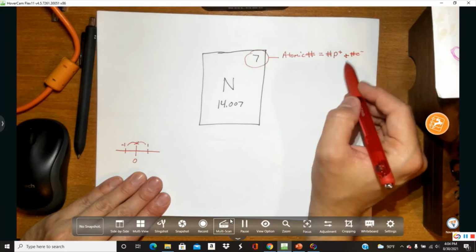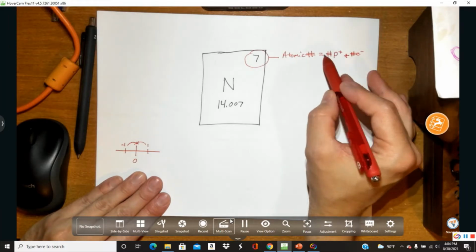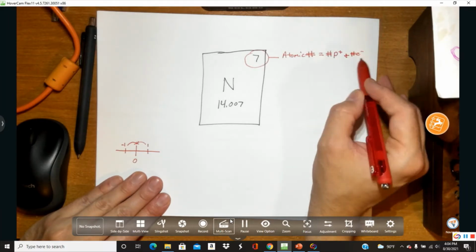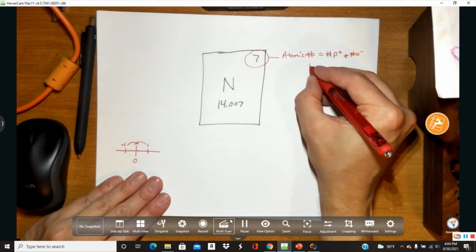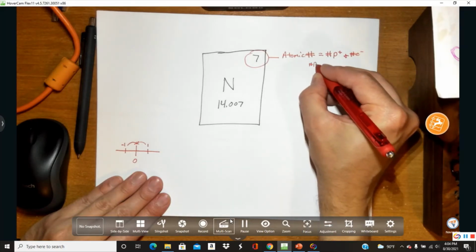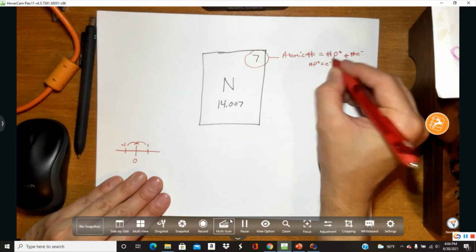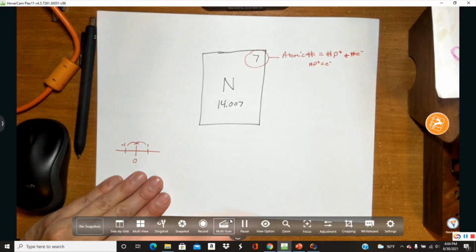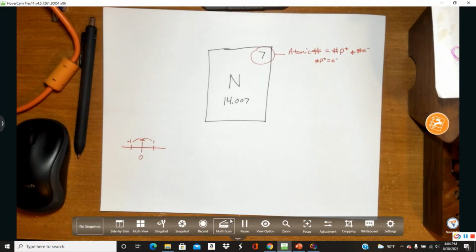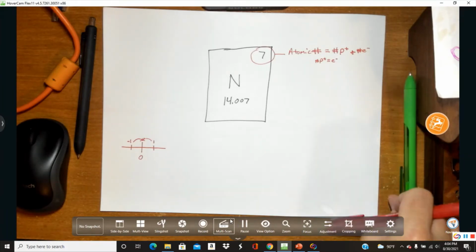Because protons and electrons always equal, the number of protons must always equal the number of electrons, always, always, always on the periodic table. Now, ions will break the rule, but on the periodic table of elements, it is going to be this rule.